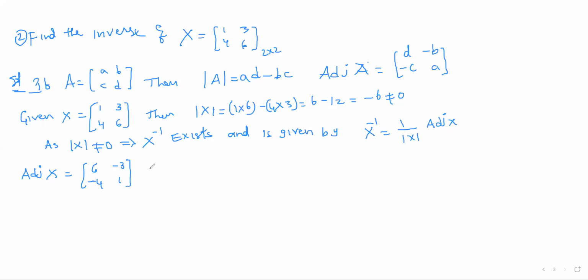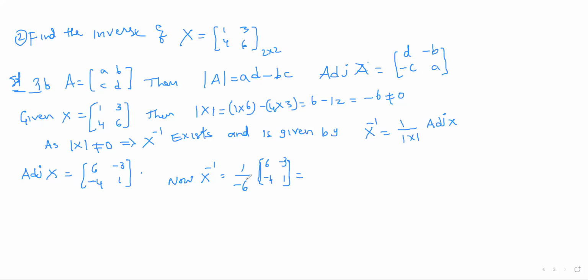Okay, so this is the adjoint of capital X. Now X inverse is equal to 1 by determinant of X, which is minus 6, into adjoint X, that is 6, minus 3, minus 4, and 1.